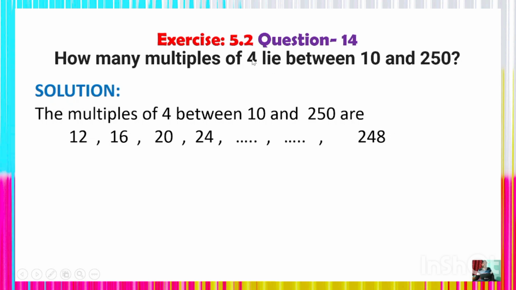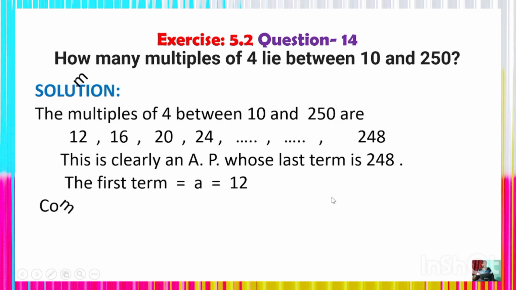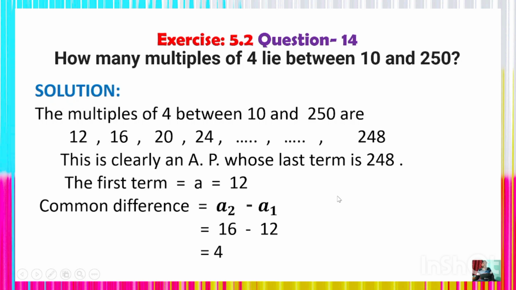This is clearly an arithmetic progression whose last term is 248 and whose first term a is equal to 12. The common difference d is equal to a2 minus a1, which is 16 minus 12, which is 4.